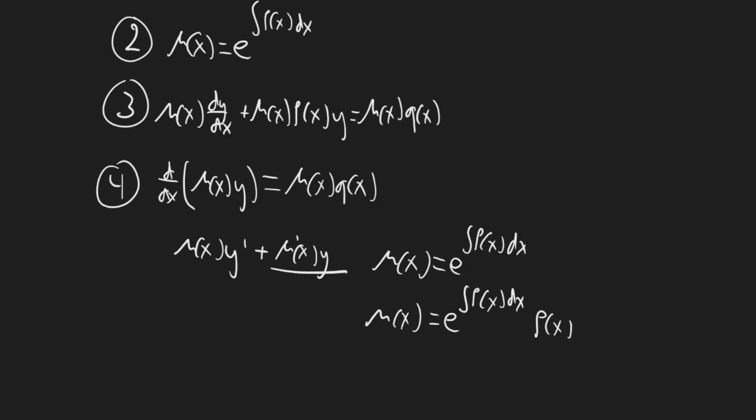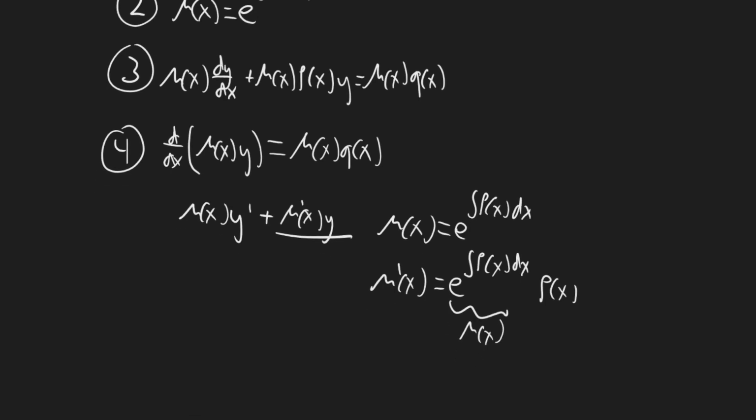And e to the integral p of x dx is itself mu of x, as we have already defined it. So mu prime of x equals p of x times mu of x. That's why we have mu of x times p of x, and the y is there because of the product rule we discussed earlier.